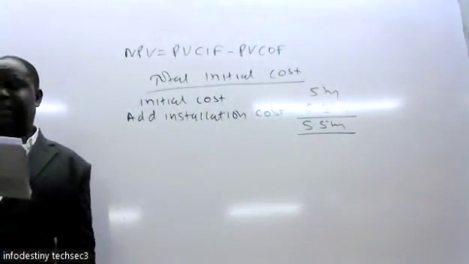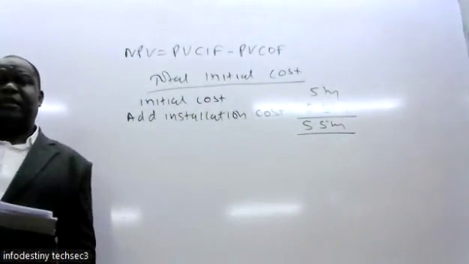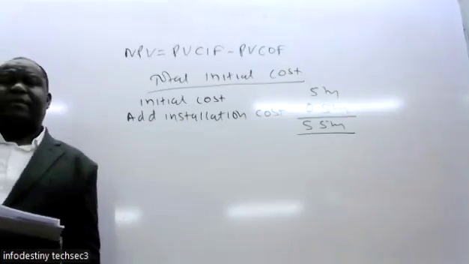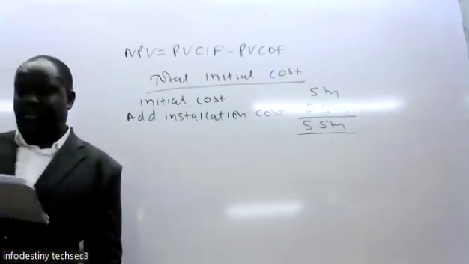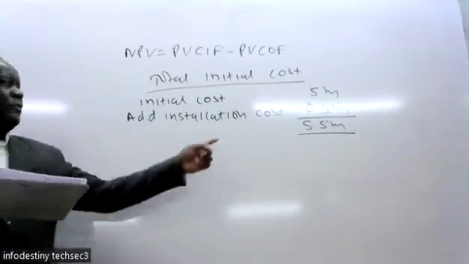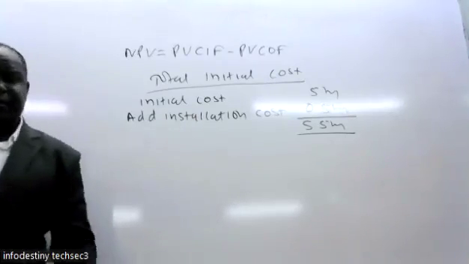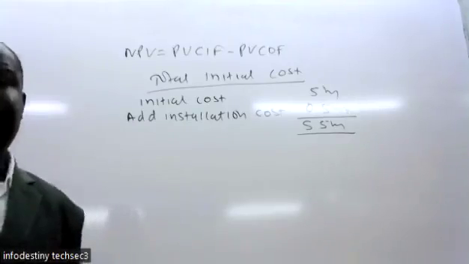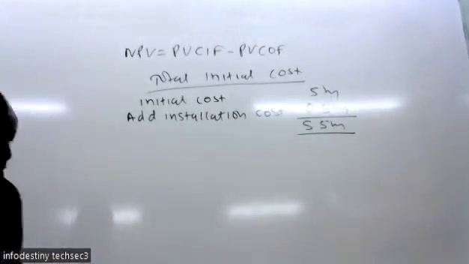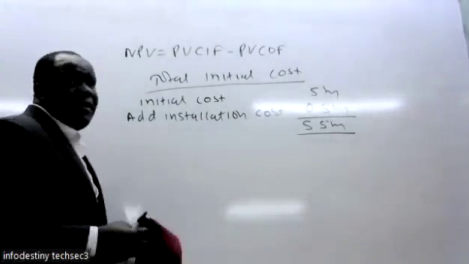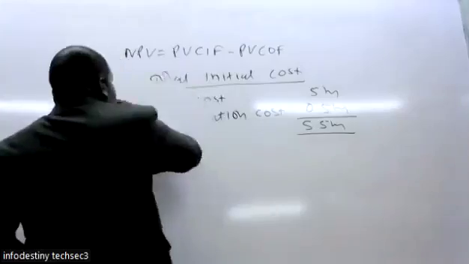So once we have done that, now we need to calculate depreciation. We need to compute the depreciation per annum. So we shall be depreciating the 5.5 million. We shall be calculating depreciation based on the 5.5 million.